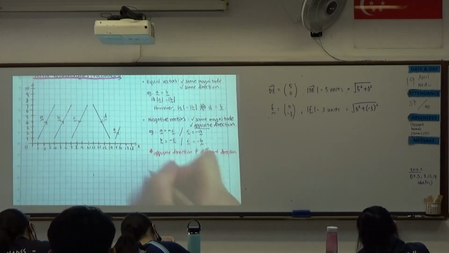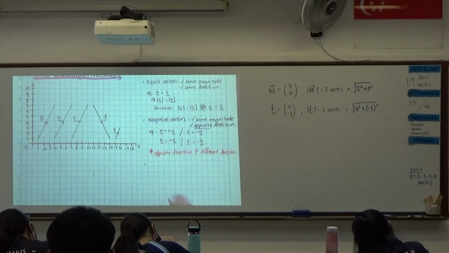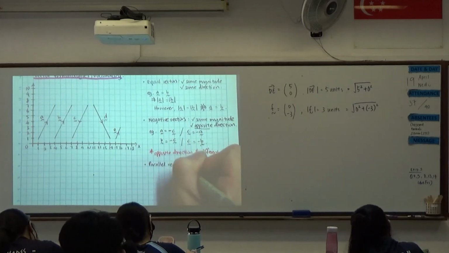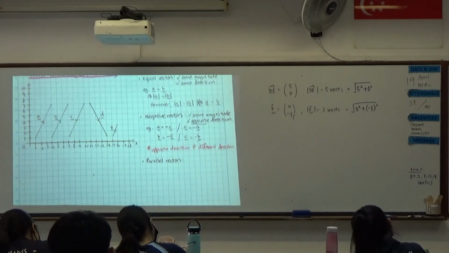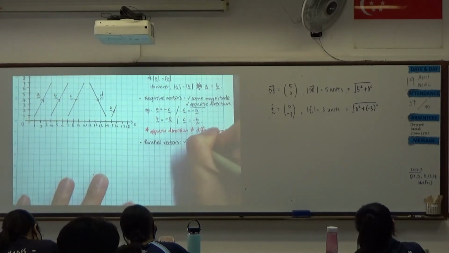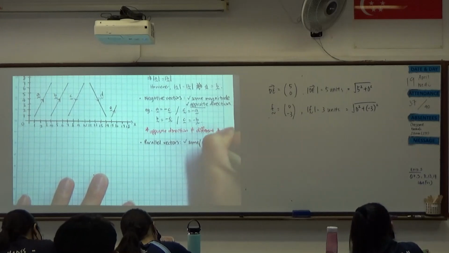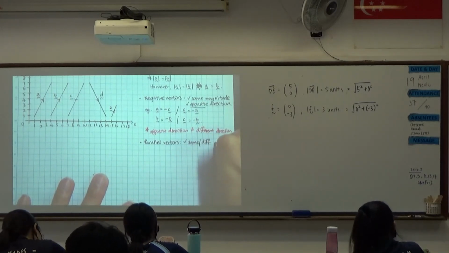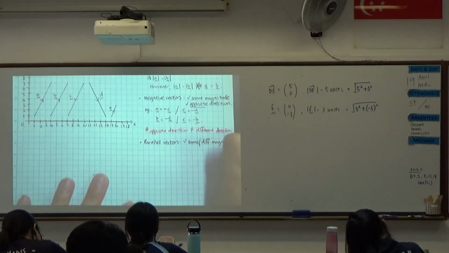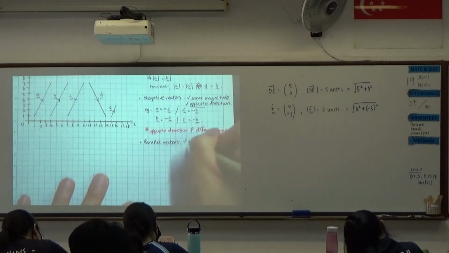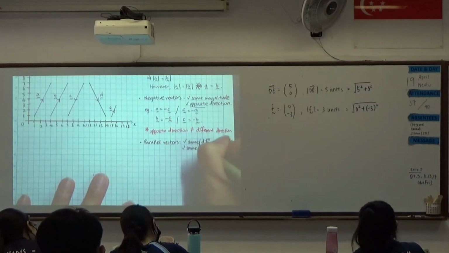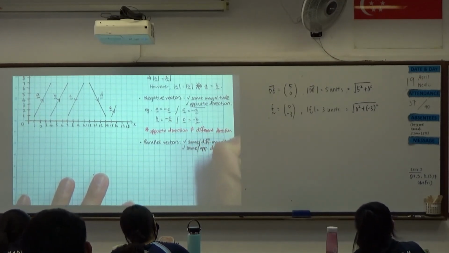The next one that is important is about parallel vectors. And for parallel vectors, they have the same or different direction, same or different magnitude. They can also have same or opposite directions.